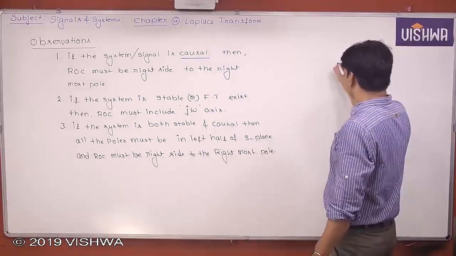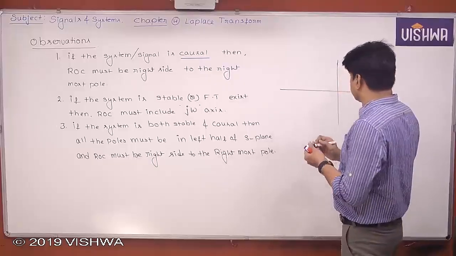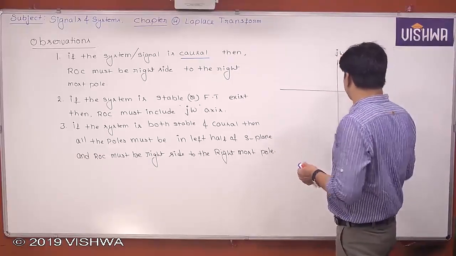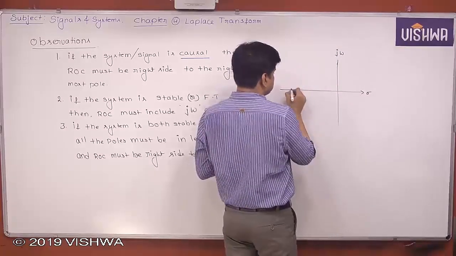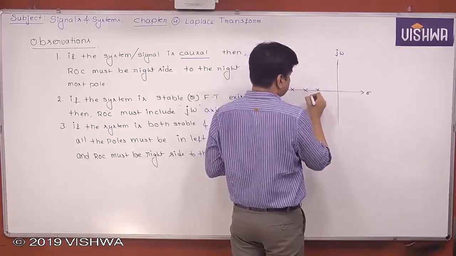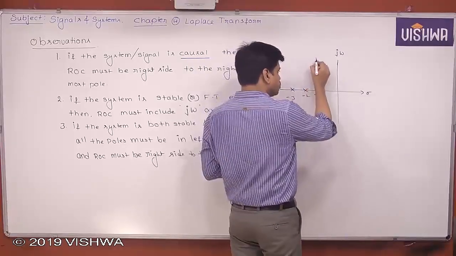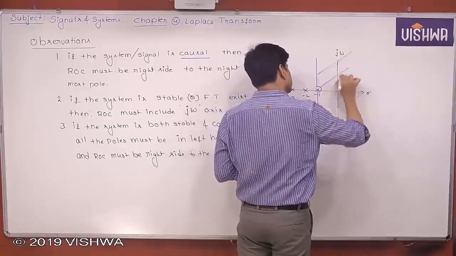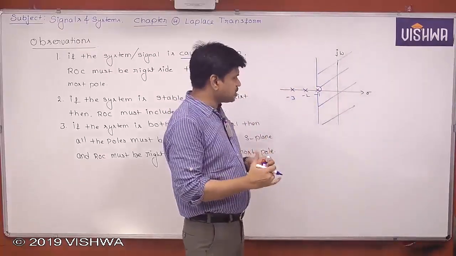Suppose all the poles are on the left half of the s plane. Let's say this is the j omega axis, sigma axis. If all the poles are here, let's say at -1, -2, -3, and I choose the ROC right side to the rightmost pole, then this is going to be causal as well as stable.